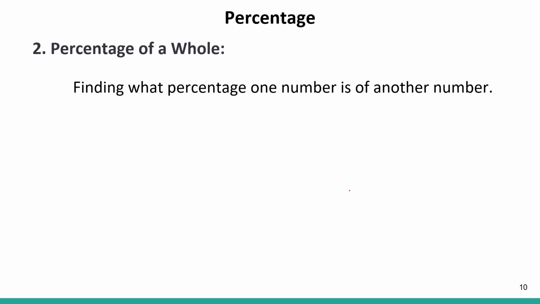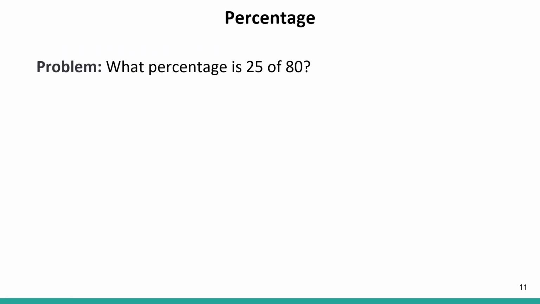Okay, so let's see the second kind of problem, that is percentage of a whole. So finding what percentage a number is of another number. Let's see a problem on this so we could get a better clarity. What percent is 25 of 80? Okay, 25 of 80, how can we write this as a fraction?